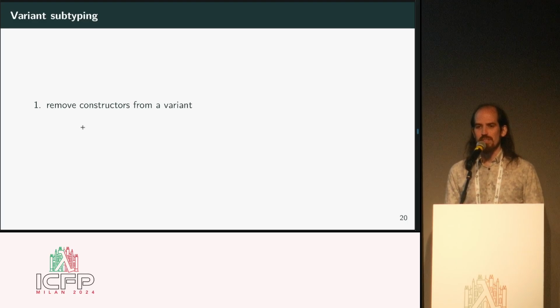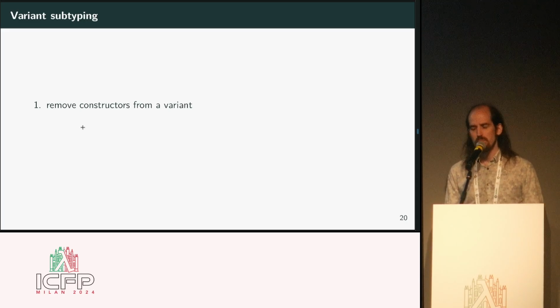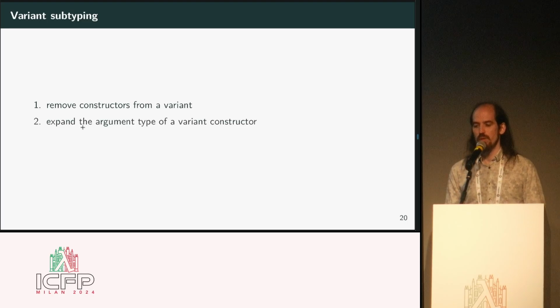That works, but it means that every time I have a variant, I would be stuck never adding any kind of constructor. And I like my sum types and algebraic data types, and I will need to evolve them at some point. So we'll need some more specific, let's say more exotic, subtyping rules for constructors.